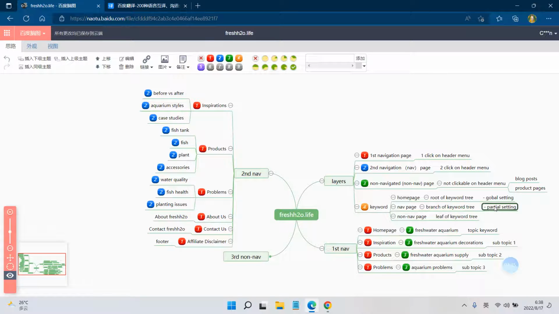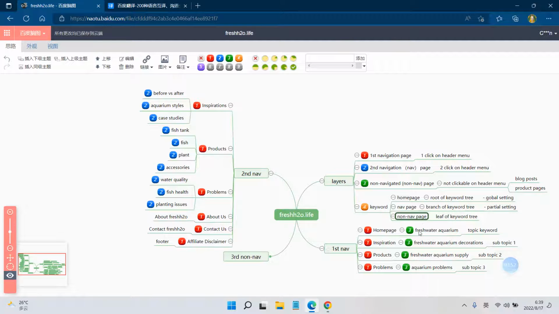So it will be a partial setting of a subtopic. And the blog and product pages will be the leaf of the keyword tree. So you can see this is the so-called keyword tree, right?